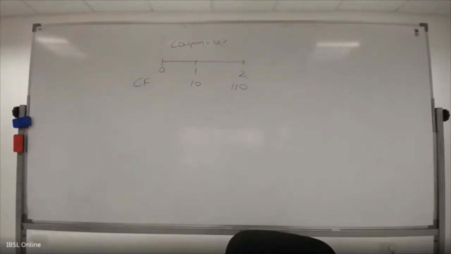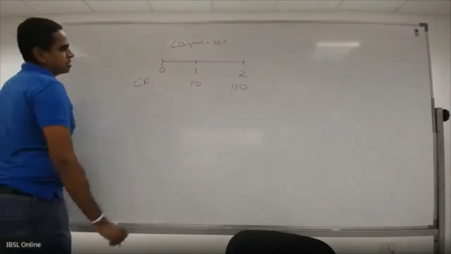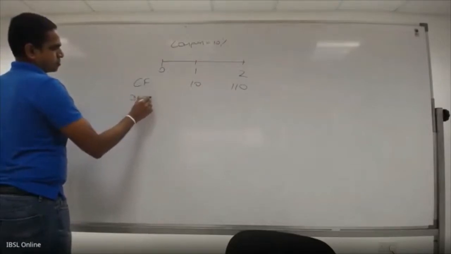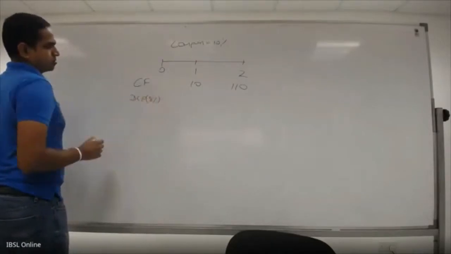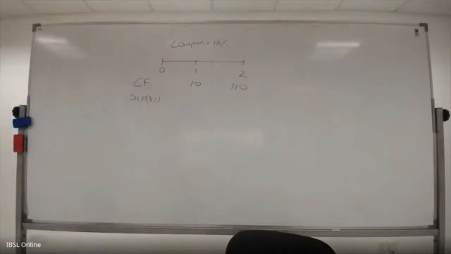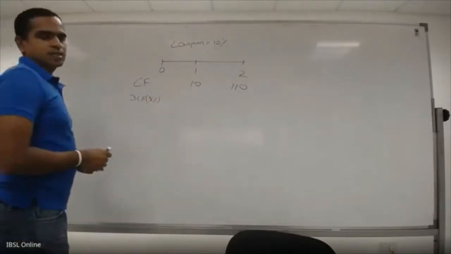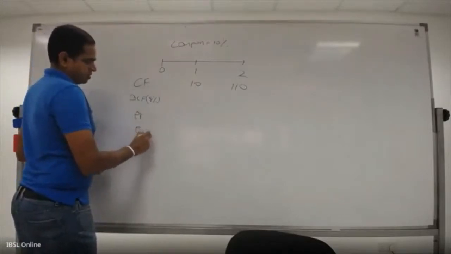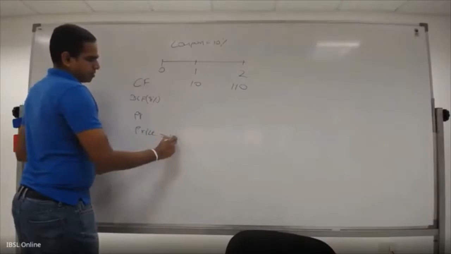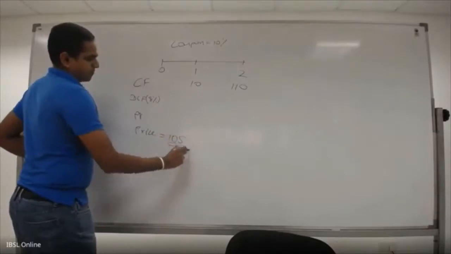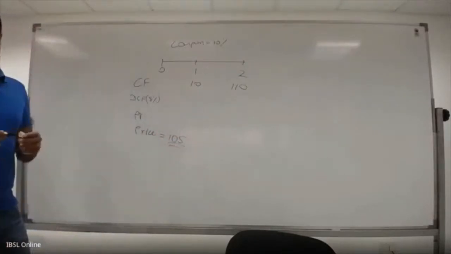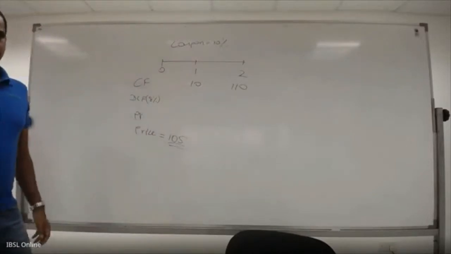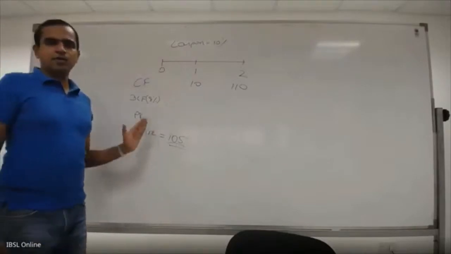Now, if you are investing in this bond at a yield of, say, 8%, right? You will get a certain price for this bond. So you calculate the present value and the price, right? Now let's assume the price is 105. Now my question is, let's say I got the calculations right. Can this price be 105 or not?